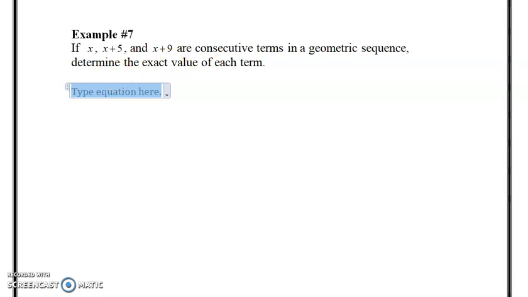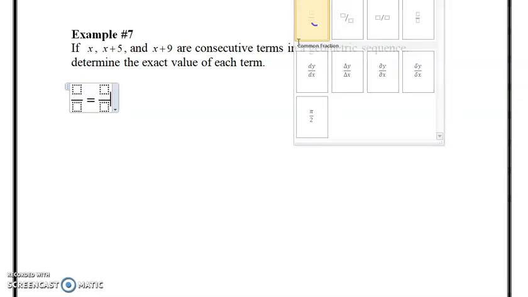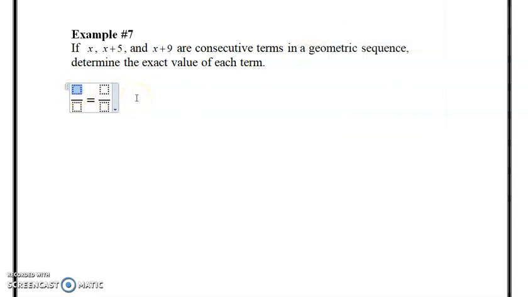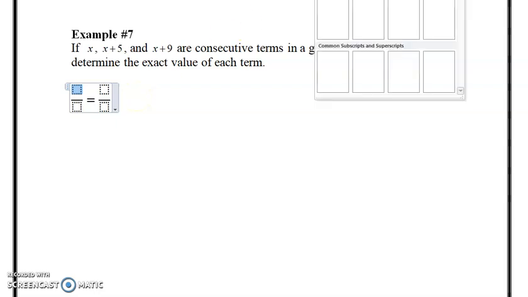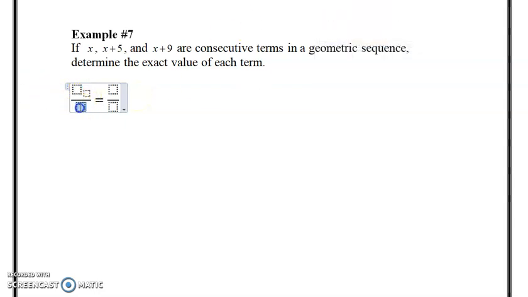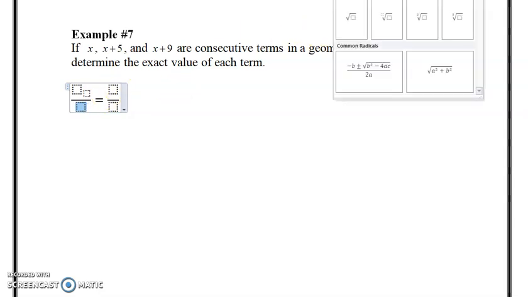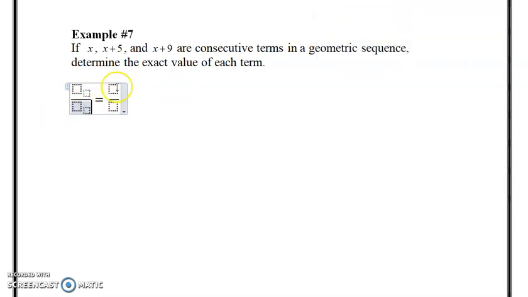So we can say that we have a fraction equal to a fraction. So we're just filling in all my information in my blanks.